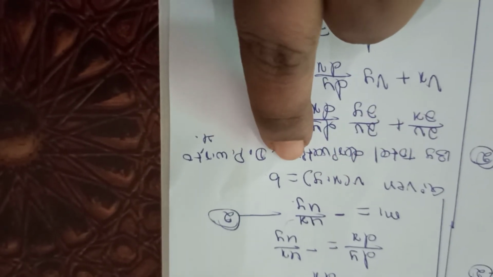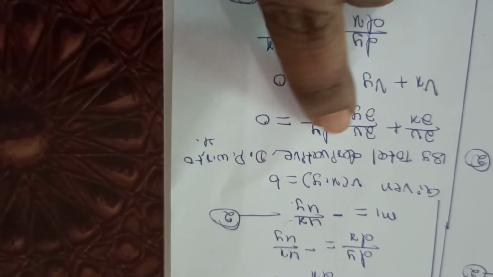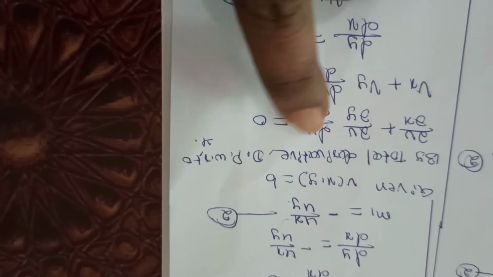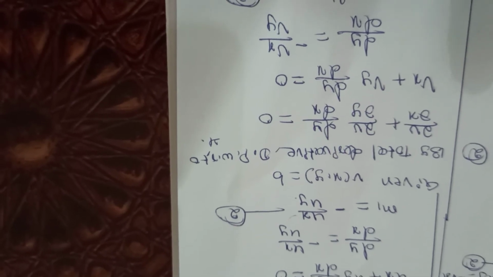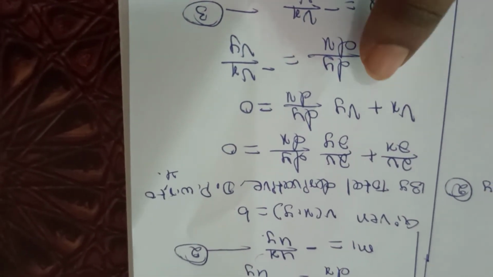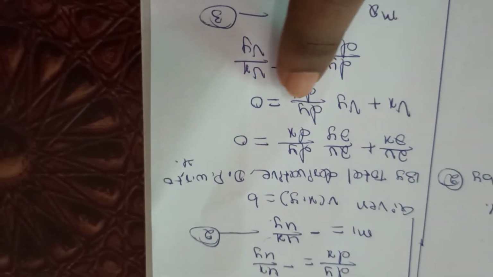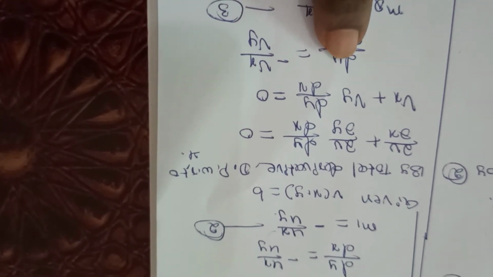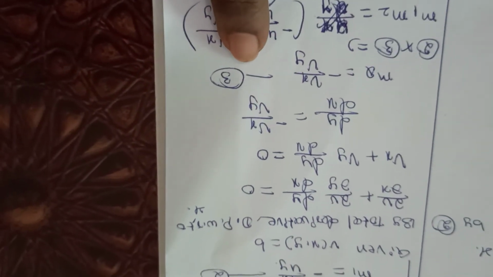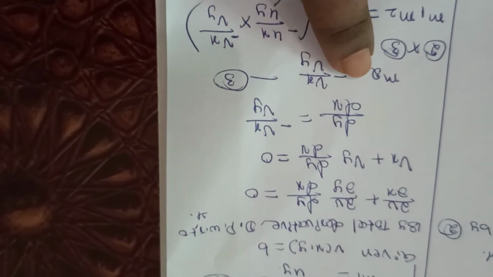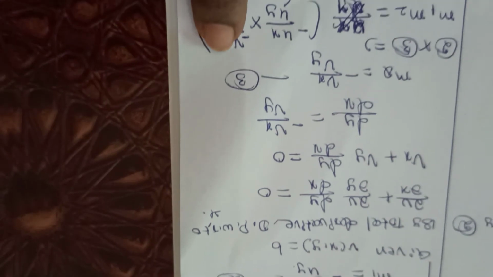That is ∂v/∂x + ∂v/∂y × dy/dx = 0, which can be written as vx + vy × dy/dx = 0. We want to find dy/dx, which equals -vx/vy. Since dy/dx is the slope, m2 = -vx/vy. Take this as equation number 3.